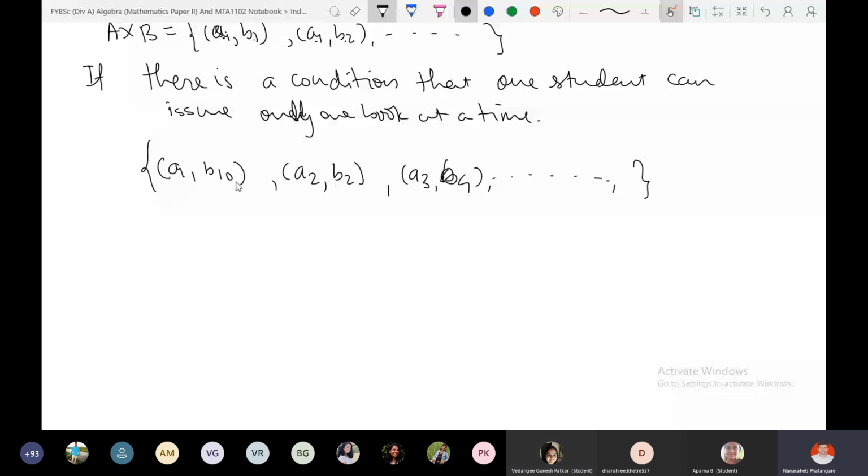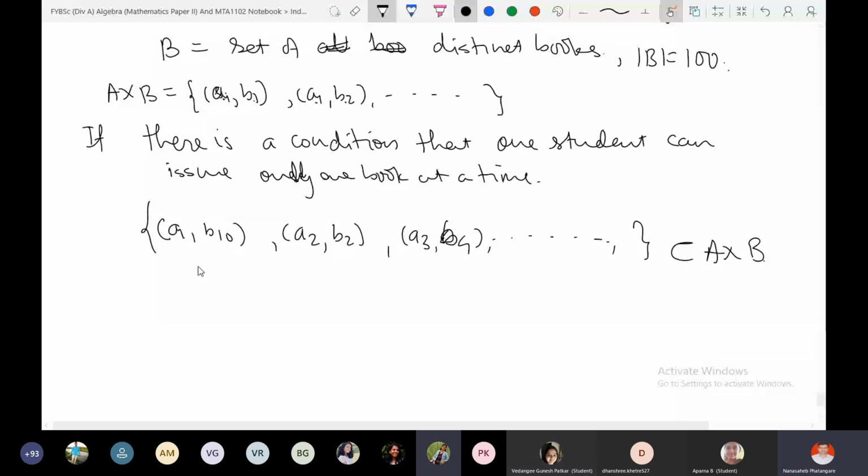This is a subset of A cross B. Am I right? And what is the speciality of this set? The second component is not repeating. In A cross B, the first component may repeat, as well as the second component. A1 may repeat or B1 may repeat, because when you pair A2 with B1, B1 is repeated.